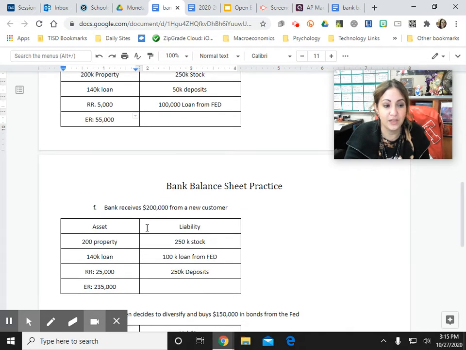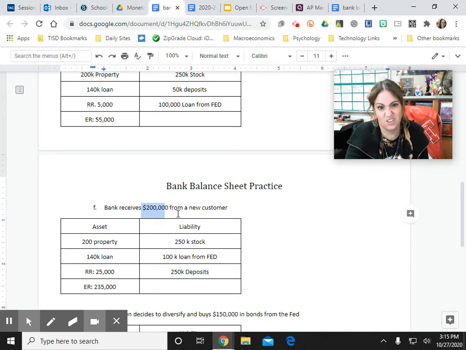And so when that person deposited 250,000, or actually they deposited 200,000, 50,000 was already there. When they deposited 200,000, 90% of it went to excess reserves, 10% of it went into required reserves of that 200,000. 10% is 20,000. So 20,000 gets put in required reserves. There was already 5,000 there.